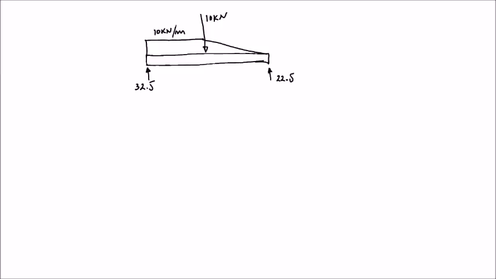So what we are going to do now is cut the beam in this section and look at the right side again, like we did before. So what we are going to have is this right section of the beam.